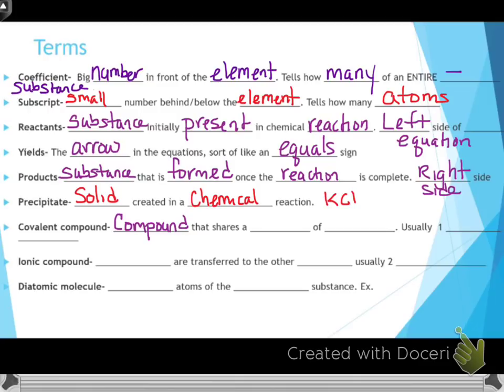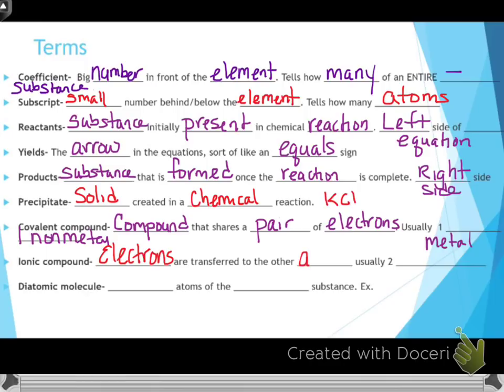Covalent compound is a compound that shares a pair of electrons, usually one metal and one nonmetal. That's why it's important for you to know where your metals and nonmetals are on the periodic table and to be able to look and use your periodic table effectively. An ionic compound is when electrons are transferred to the other atom, and ionic compounds usually form with two nonmetals.